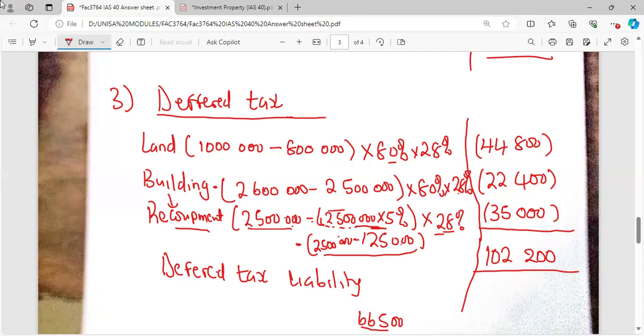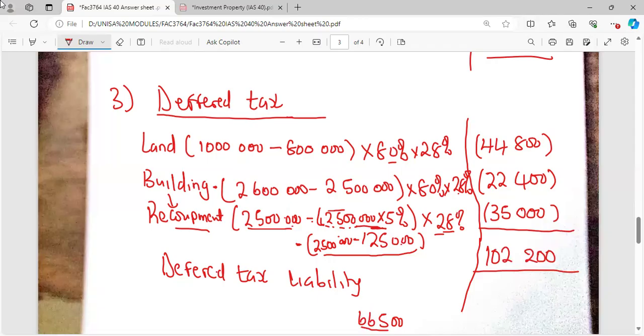I did that. You get 1,375,000. Then you times it by 28%. It's 665. Solve the bracket first. I did that. Yes, the bracket rule. I did that.